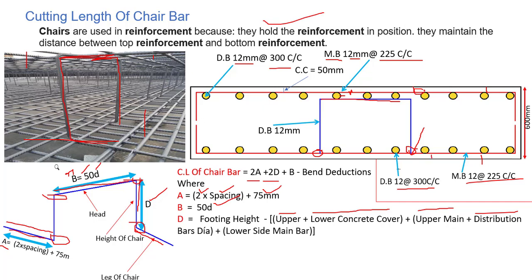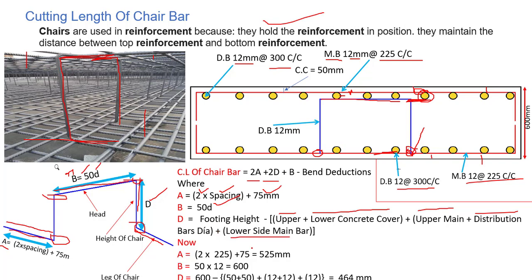Then we deduct the main bar and the distribution bar dia to reach this level. And then at the bottom we deduct only the main bar dia, this one, because it goes up till this position. So this is the formula to find out D.